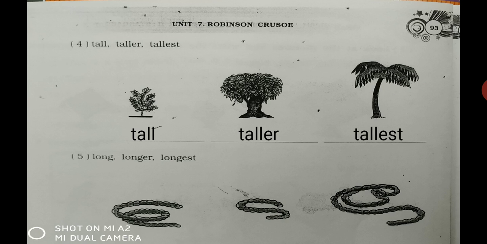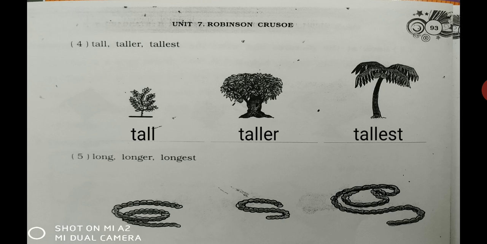Now number 5, here are given 3 ropes, 3 different lengths of ropes. What is the form given here? Long, longer and longest. Now just pick out which rope is the longest. Third one is.